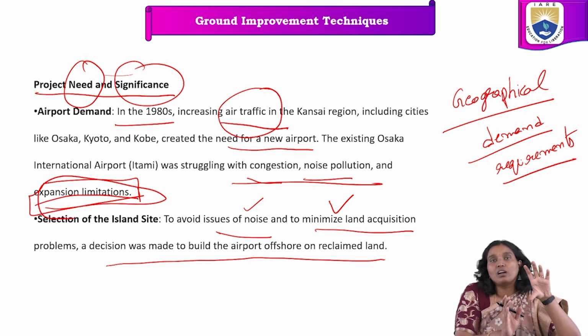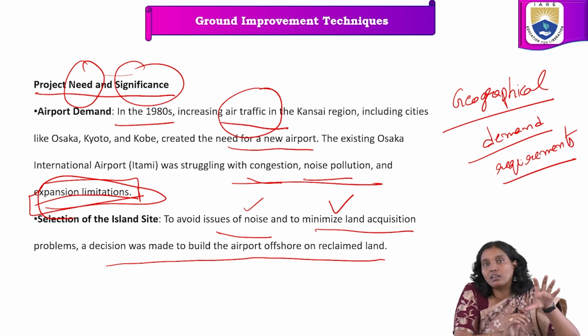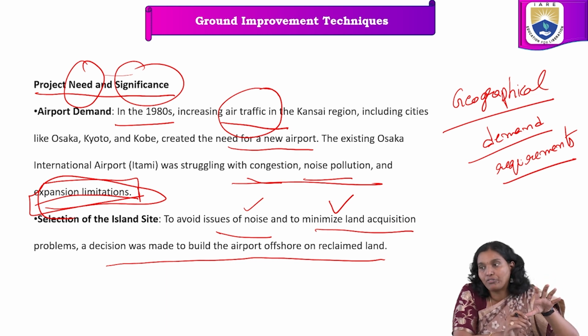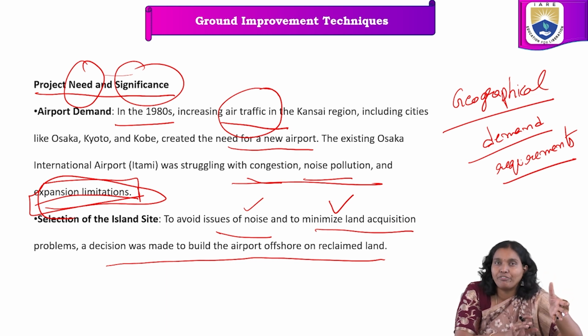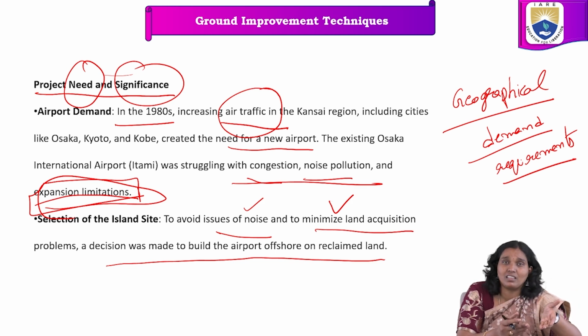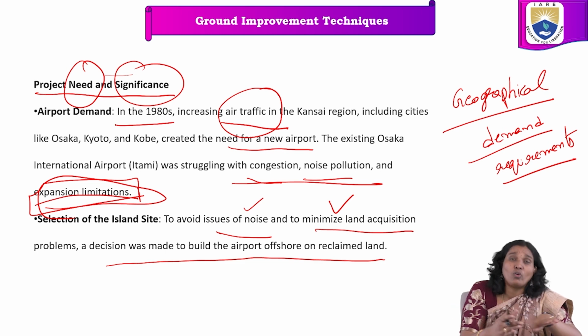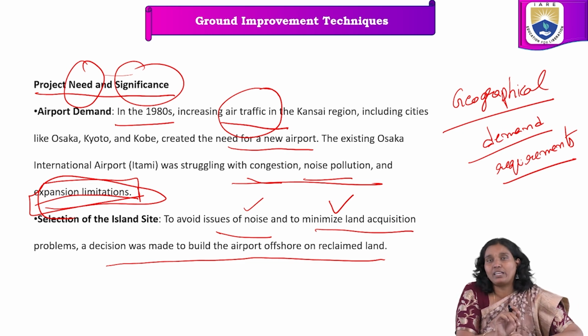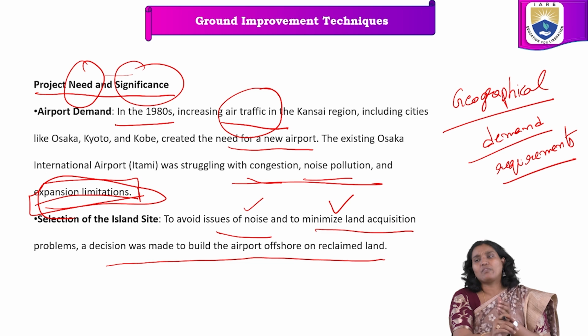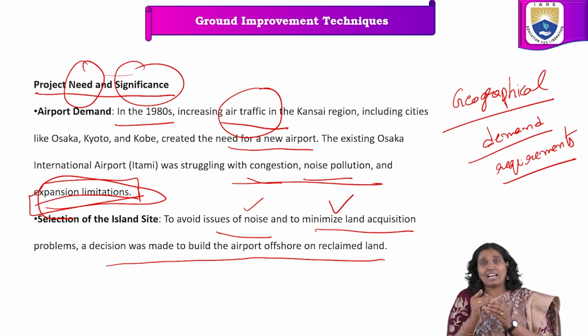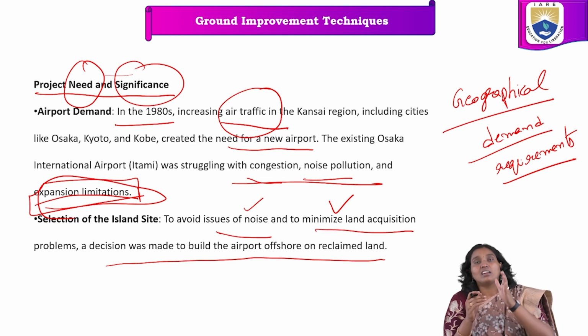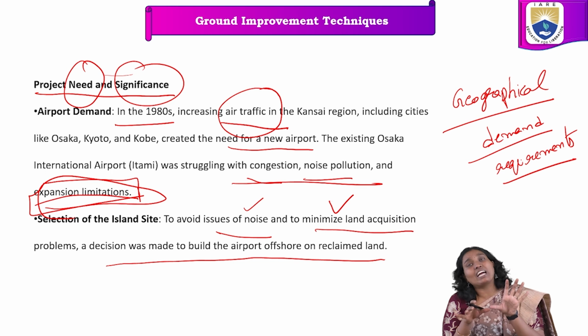Not only the engineering characteristics, what kind of ease they give to the construction and further maintenance and everything, that was not the only parameter. That is also a parameter, but not the only major parameter where we are going to select the site for the construction of any construction work.